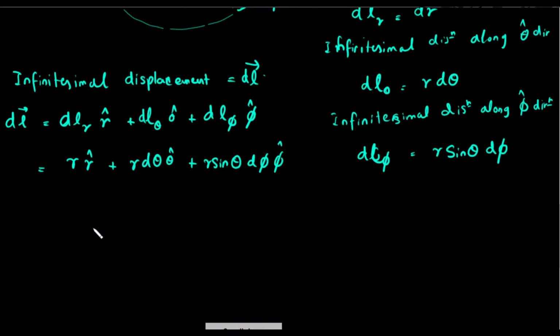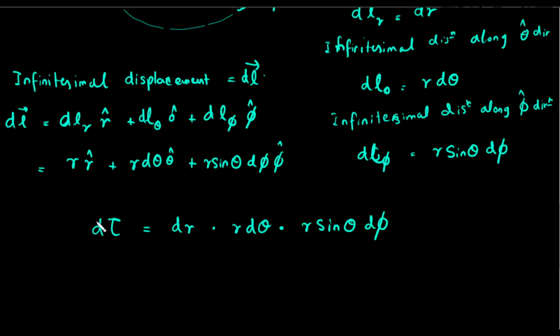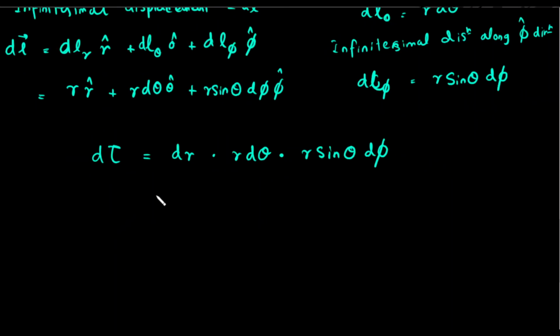If we denote the volume element as d tau, it is going to be dr times r d theta times r sine theta d psi. So this is my infinitesimal volume element. If we simplify it further, it's going to be r squared sine theta dr d theta d psi. So this is my volume element.